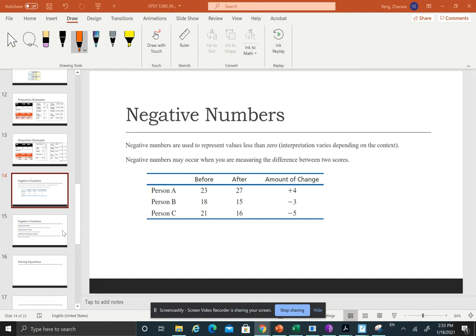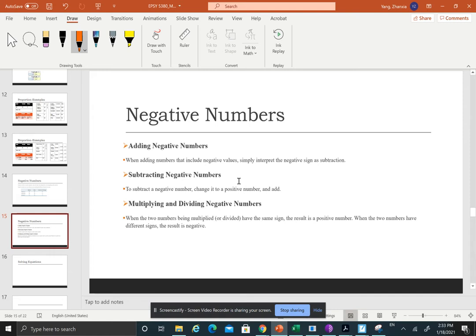All right. Okay, let's move on and take a look at how the calculations are conducted for negative numbers. If we are adding negative numbers, what it means is we basically include the negative numbers and simply interpret the negative sign as subtraction.